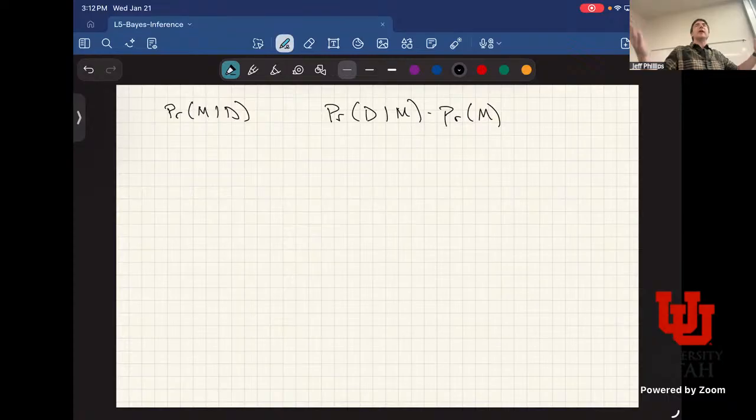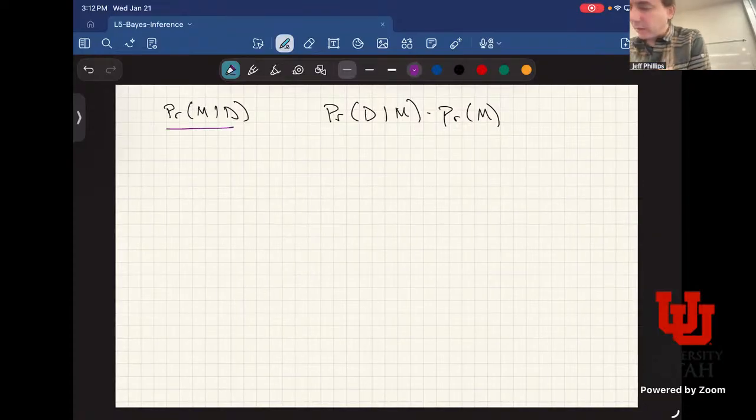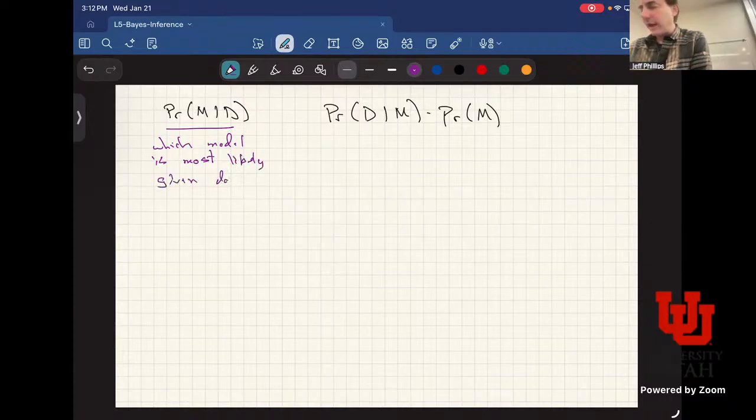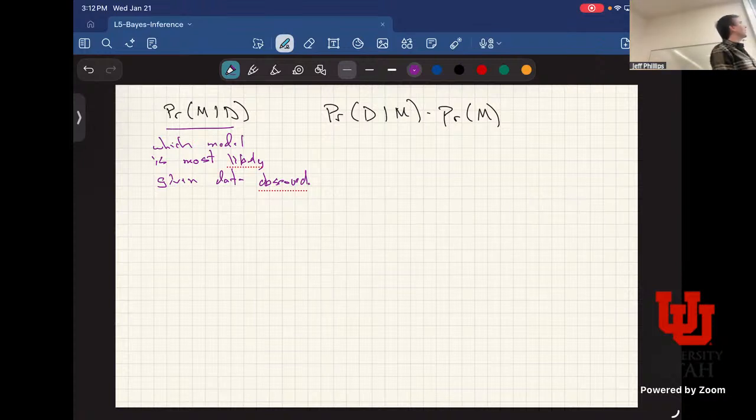We want to understand which model is most likely given the data we've observed, and that's what this is saying. Okay, but in order to actually calculate this, we could say, what's the probability of seeing a particular data point given the model?